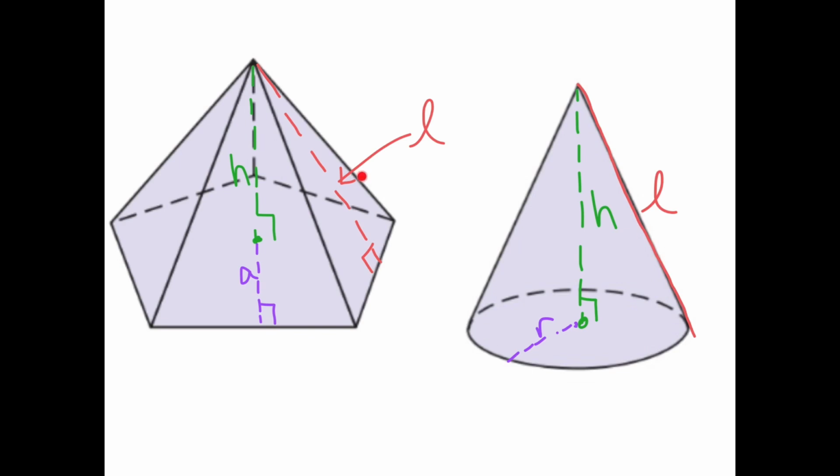The slant height of a pyramid is located down the center of one of the side triangles. It is the height of the triangle on the side, and that could be useful depending on what information we are given if we need to find the slant height. It is, again, going down the center of the triangle sides of the pyramid.